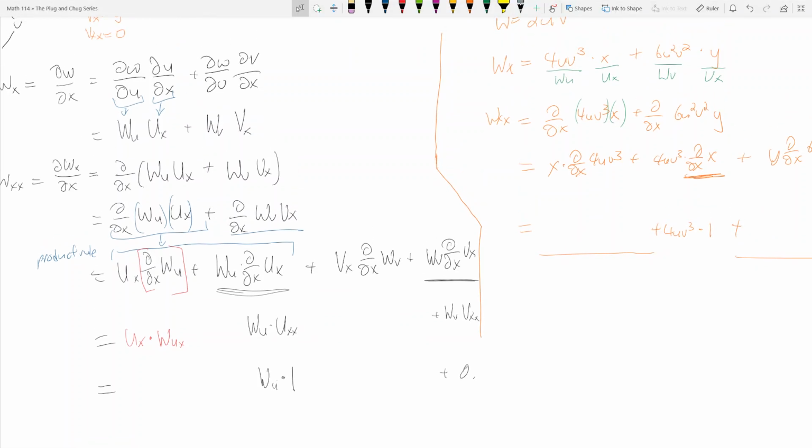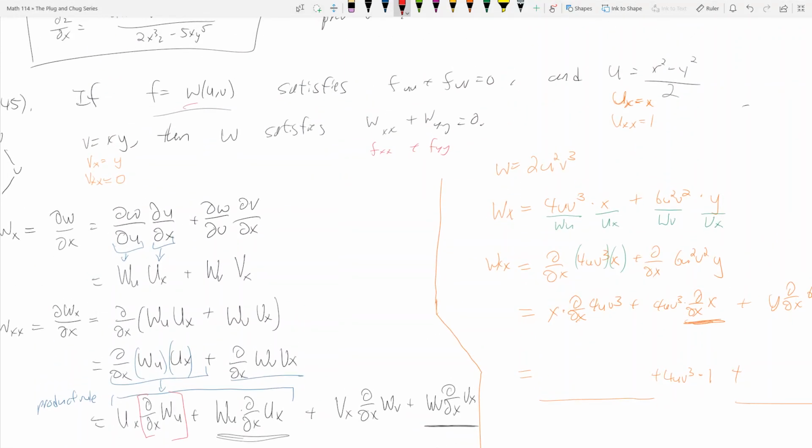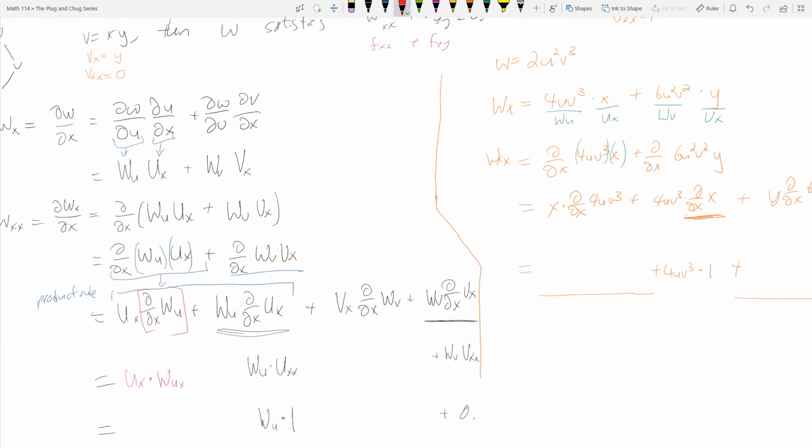Well, w has no x in it. It has u's and v's. U's and v's have x in them, but explicitly w does not contain any x's. So this is nonsensical. Just taking the second derivative of w sub u with respect to x is nonsensical.